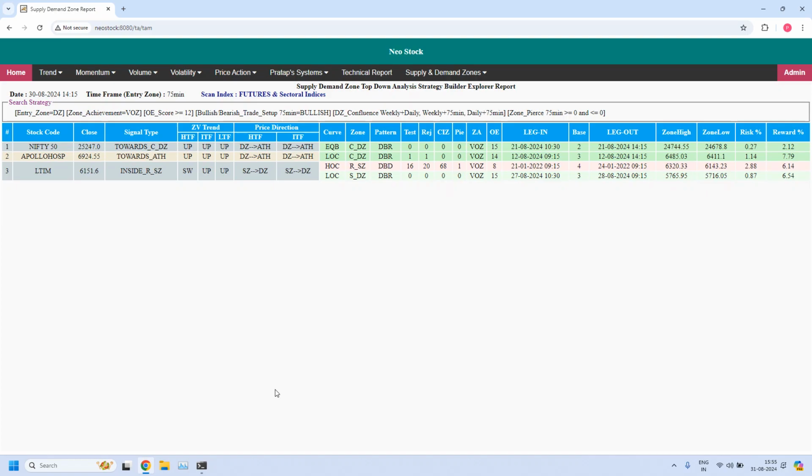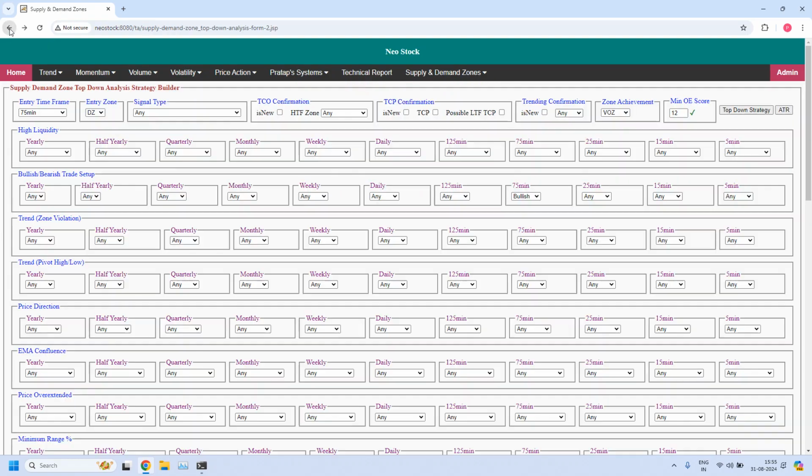Out of these 3, are there any stocks that are even supporting a weekly EMA confluence at higher time frame? The third one is anyway invalid, it is sideways. First 2 stocks only we have to look for. So in the EMA confluence weekly time frame, I am looking for weekly demand zone with weekly EMA confluence.